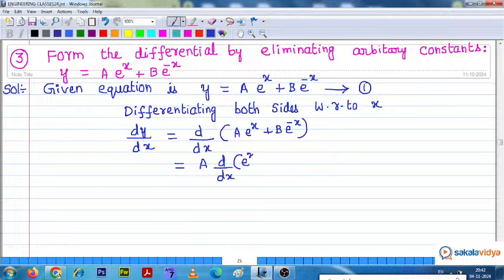This is one of the standard results, plus b times d by dx of e raised to negative x.